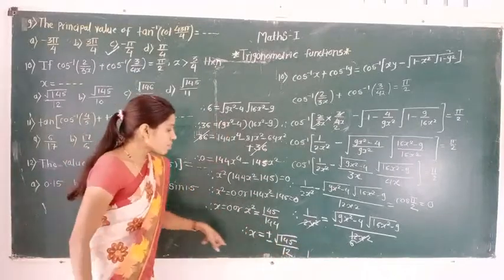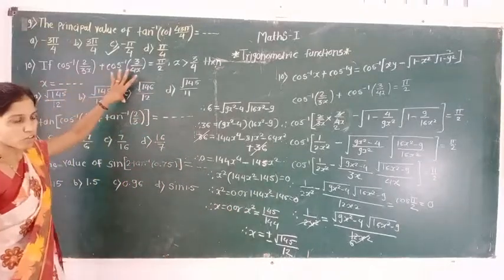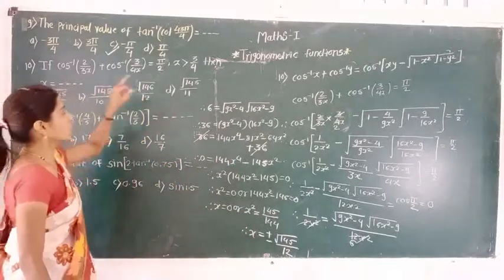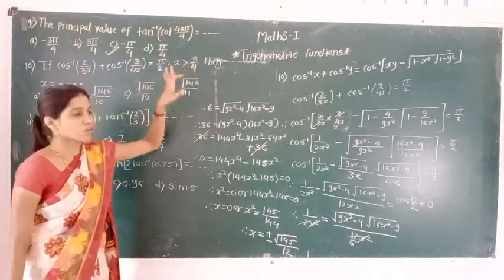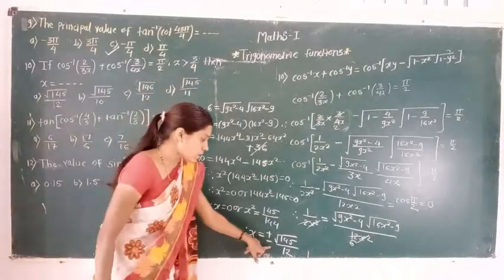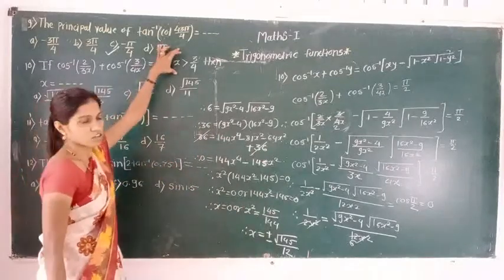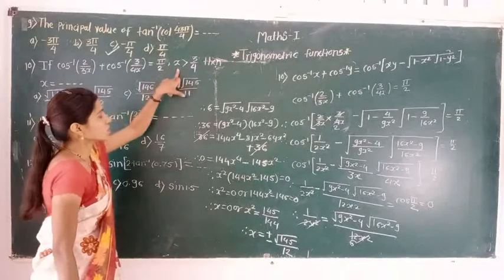But all these values of x are not included in your option. So first, in this problem the most important thing is the value of x is greater than 3 by 4. So a minus value does not satisfy this condition. Also this 0 does not satisfy this condition.